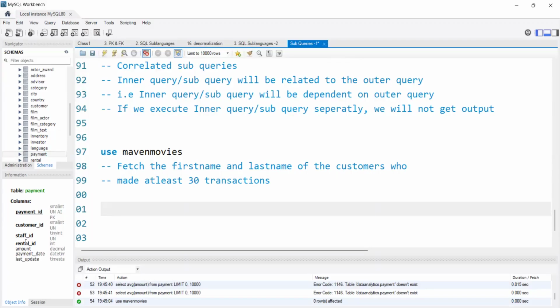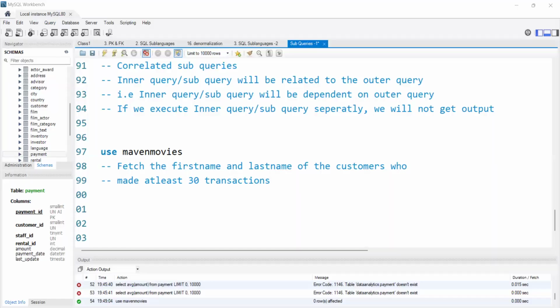But if we want to solve this by using subqueries, what do we need to do? First I need to find the first name and last name of customers who made at least 30 transactions. In the sense, the customer should make at least 30 payments.